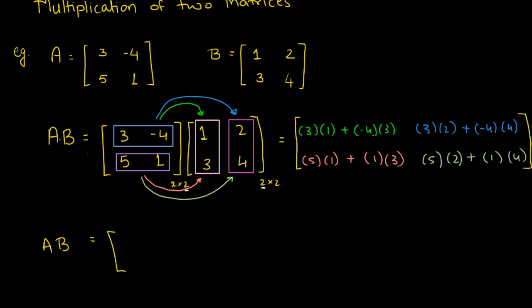So 3 plus minus 12, well, let's just write down further. So 3 into 1, which is 3, and minus 4 into 3 is negative 12.